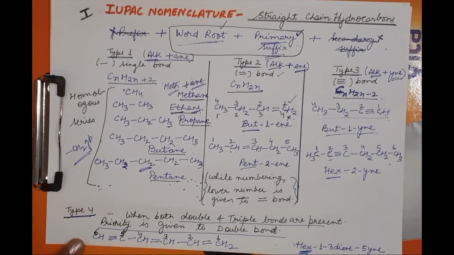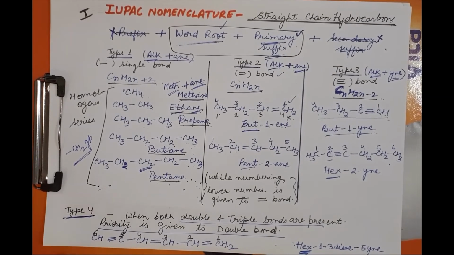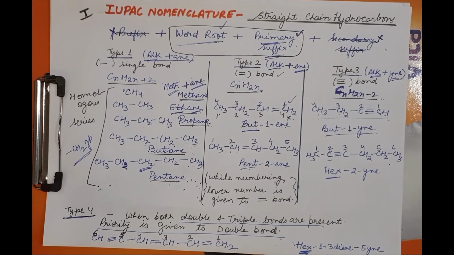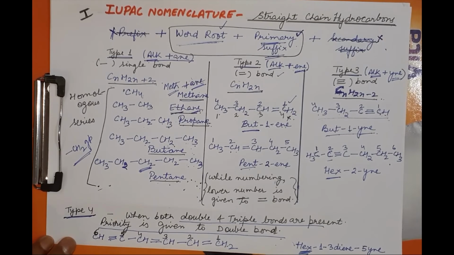Now here the numbering of the carbon atoms becomes difficult. So it is done in this way that priority is given to the double bond. Means that if both double and triple bonds are present in the same molecule, we have to number in such a way that the double bond gets the lower numbering. In this particular compound, if we start from the right, we will do like this: 1, 2, 3, 4, 5, 6.